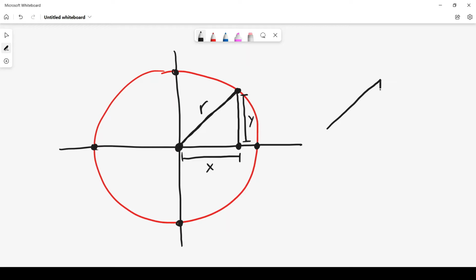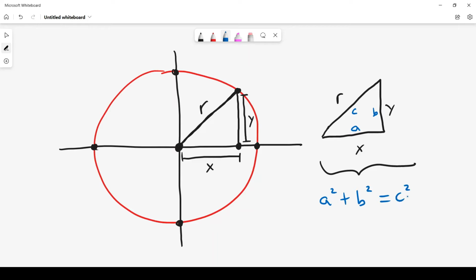That gives us a triangle of hypotenuse r, length x, and length y. From here we can use the Pythagorean theorem, thinking of this as a, b, and c: a squared plus b squared is equal to c squared.